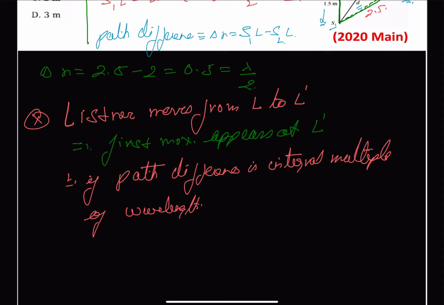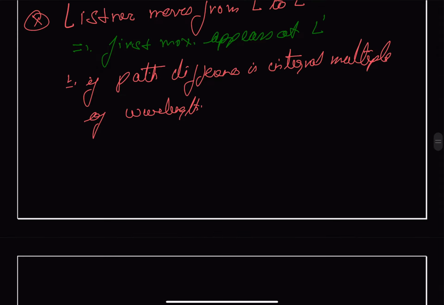Which basically means that delta x should be equal to n times lambda, and for the first maxima the value of n is 1, so this comes as 1 multiplied by lambda, which is equal to lambda.